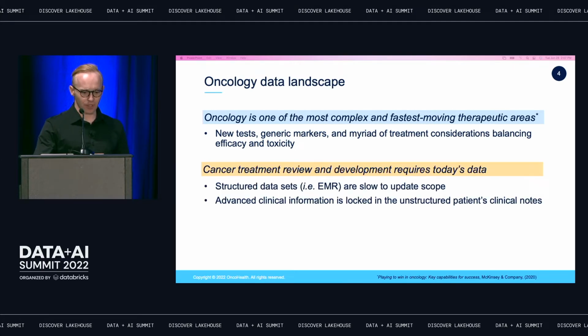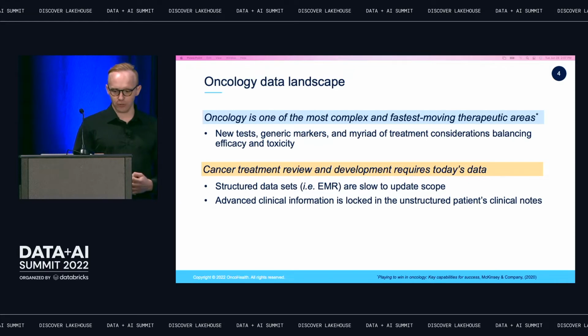However, cancer treatment review, understanding how a patient is really responding to treatment and incorporating this information in treatment development, requires the latest information, requires today's data. Structured data sets like EMR, the metadata for a patient being treated by a physician and interacting with the healthcare system, have schemas that are slow to change.